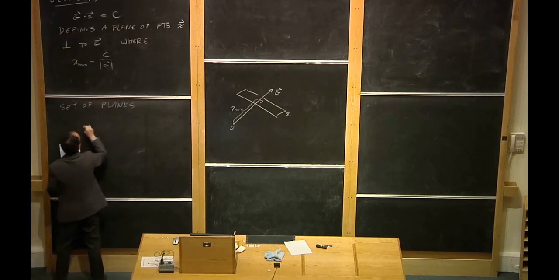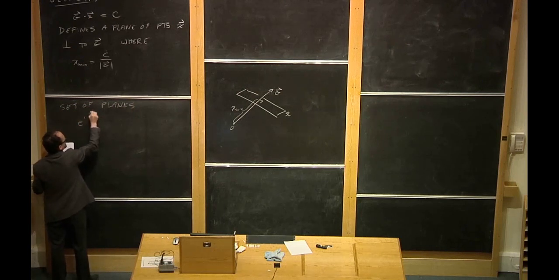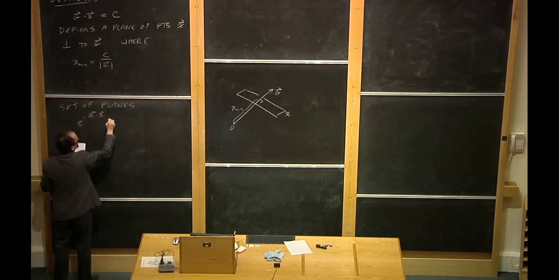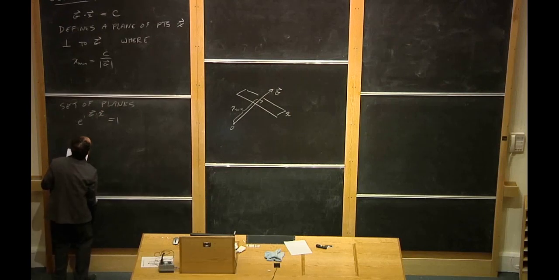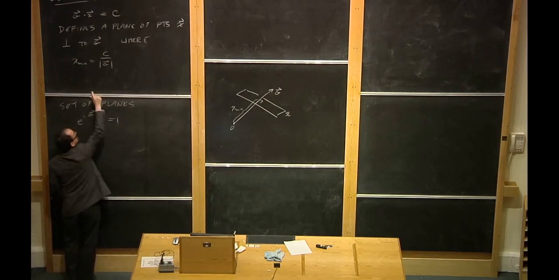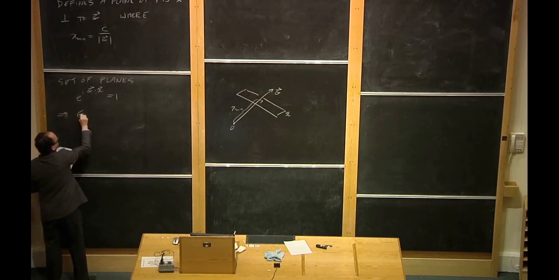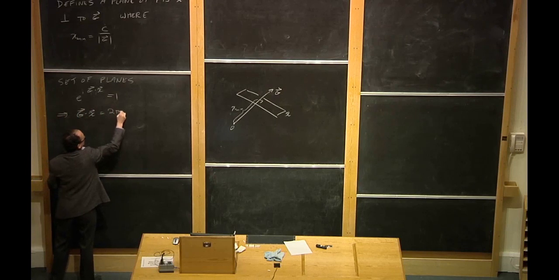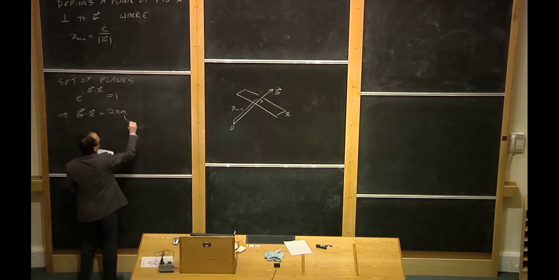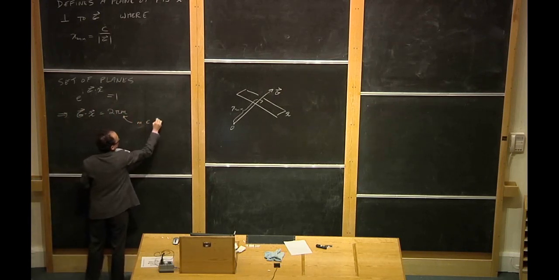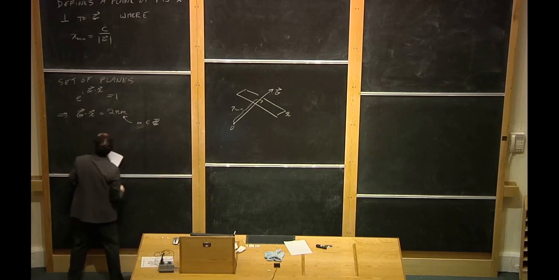We define by e^(i G·x) = 1. So why does that define a set of planes? Well, e^(i G·x) = 1 is the same thing as saying G·x = 2πm, where m is an element of the integers.